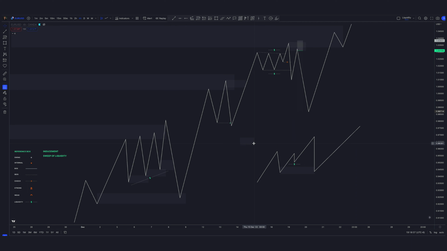Let me just delete. Okay, so we know that price already swept this, and we already tried to break below this. So we have another higher probability place where we might want to continue the move up, and because we already swept this area, this could be an area we could be looking for longs now to continue, right?